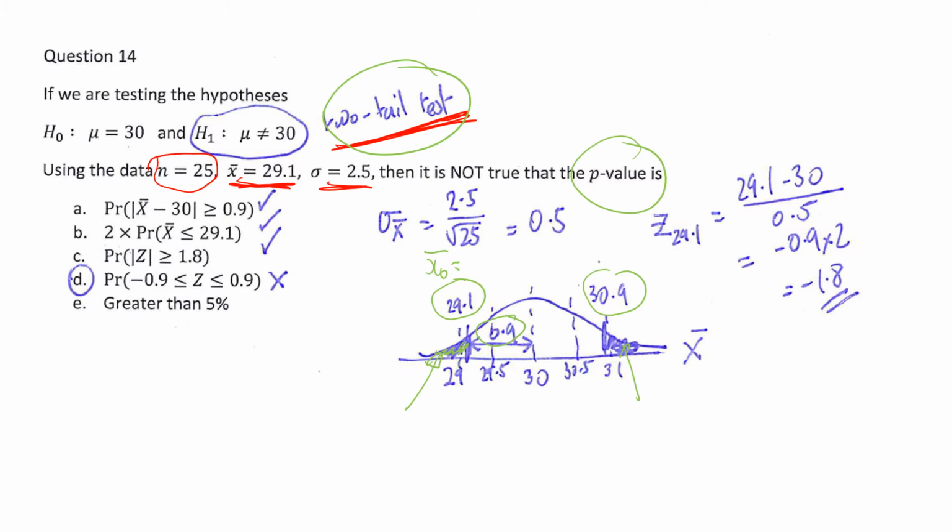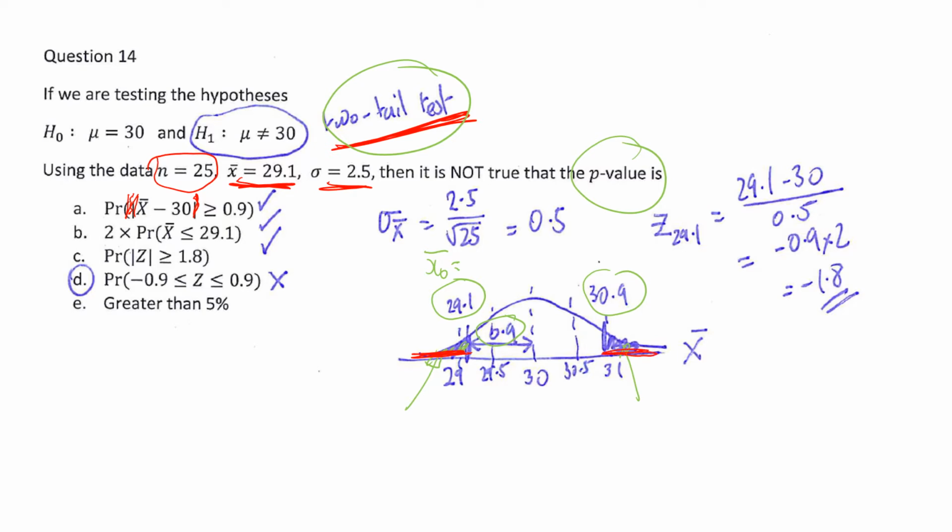Okay, with all that in mind, we can go through our options here. So you see for A, you've got those mods. So we're talking about the distance that the sample mean will be from 30 is greater than 0.9. Clearly it covers anything less than or equal to 29.1, or greater than 30.9.